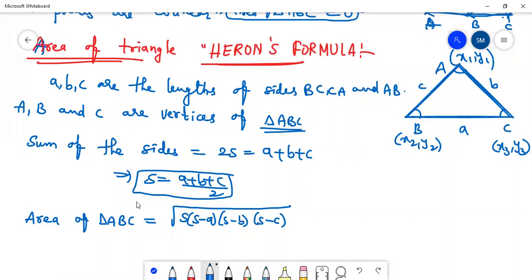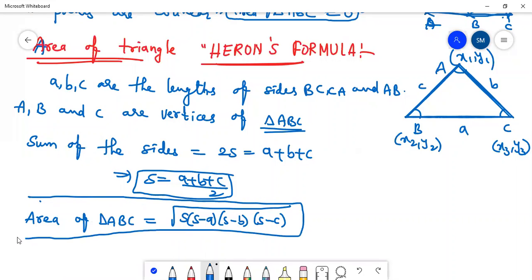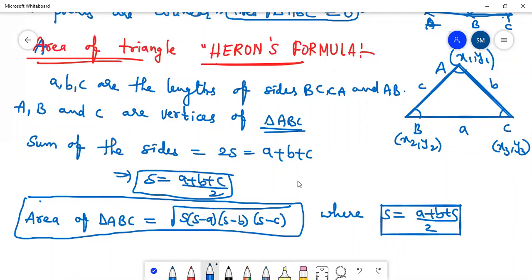Here, the area of triangle ABC is equal to the square root of S into S minus a into S minus b into S minus c, where S is equal to a plus b plus c by 2. By using this formula also, we can find the area of the triangle when the side lengths of triangle ABC are given.